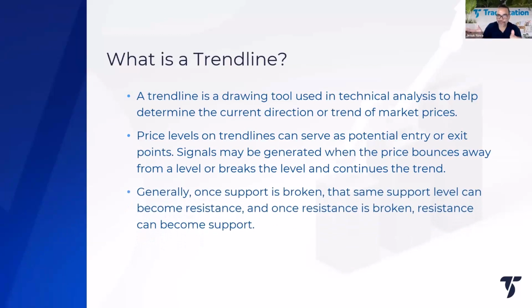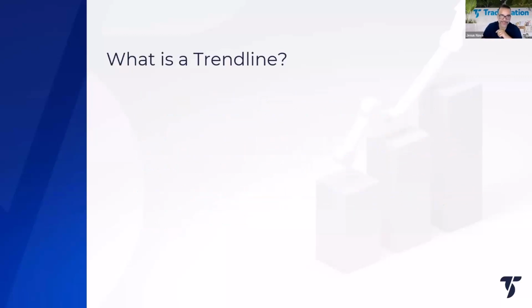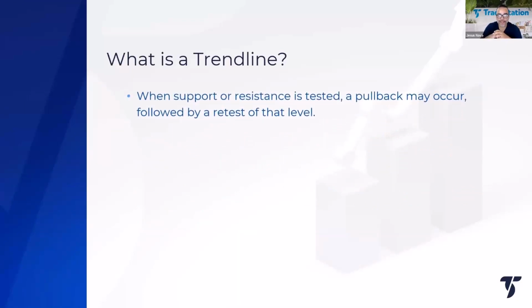Generally, and this is not a rule, this is just something that you can observe when drawing trend lines, sometimes when support is broken, that same support level becomes resistance. And if resistance is broken, sometimes resistance becomes support. And we can see that many times in chart analysis. In another situation, sometimes when resistance or support levels are tested, there's a pullback in the opposite direction.